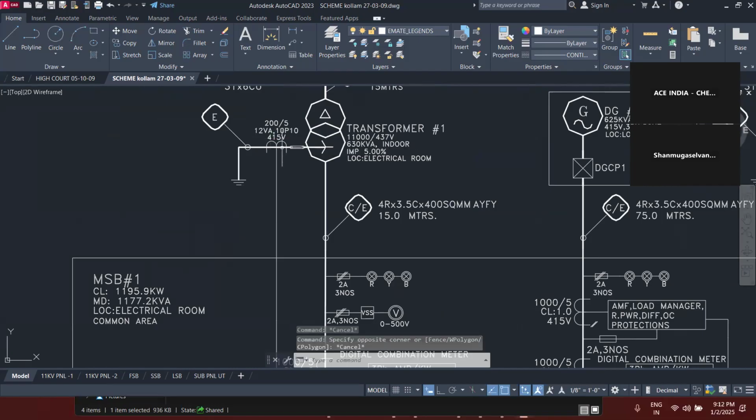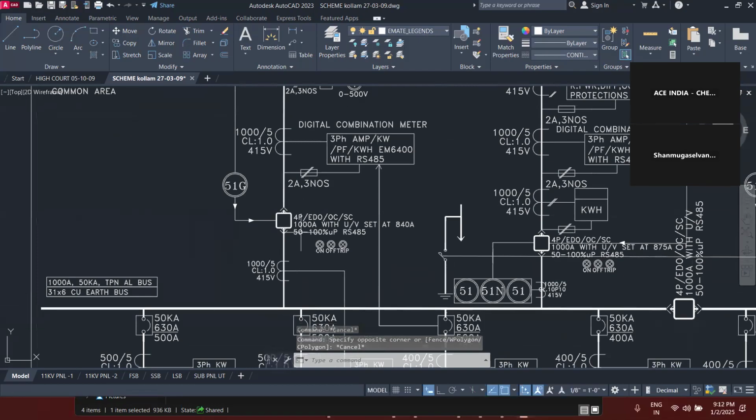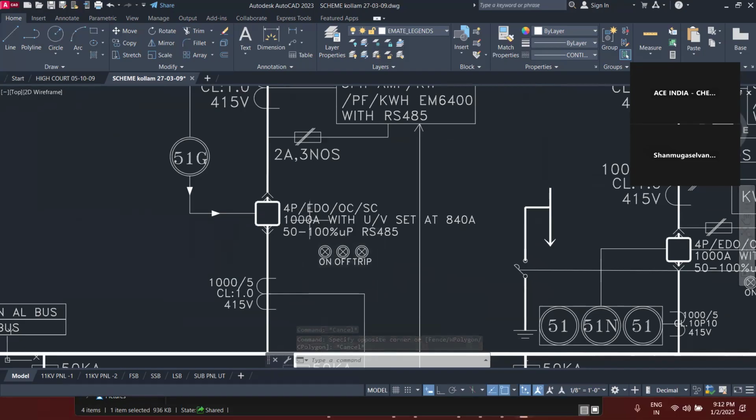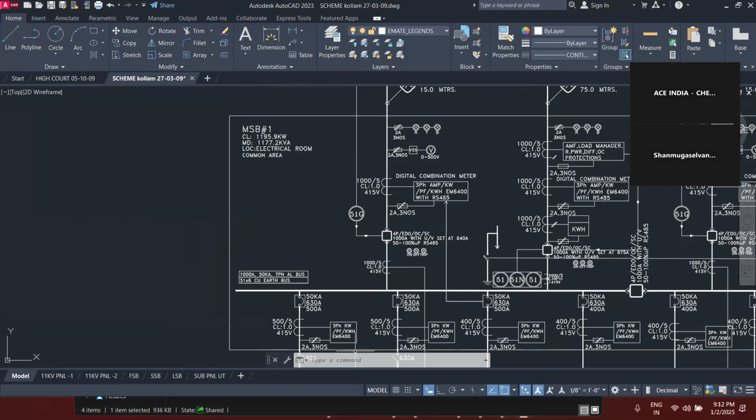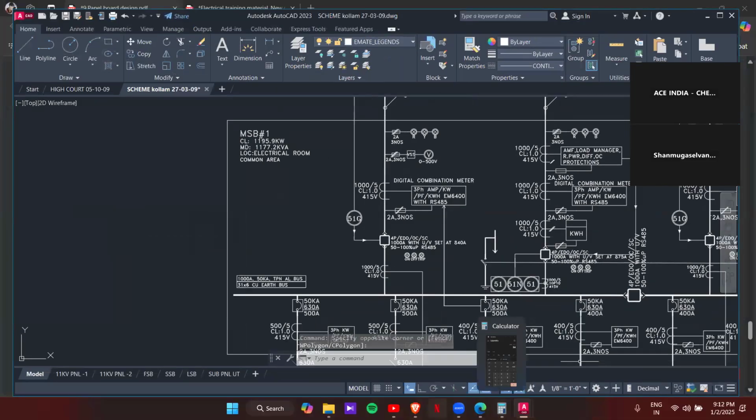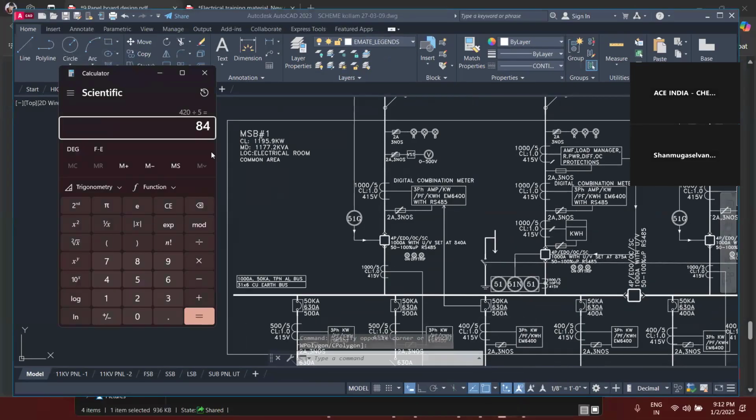So here you can see that our MCCB rating is 1000 by 840. It's actually not MCCB, it's ACB. The ACB rating is 1000 by 840. 840 is the set value. Set at 840 means this is the set value, this is the switch value. So 840 by 5 is 168.